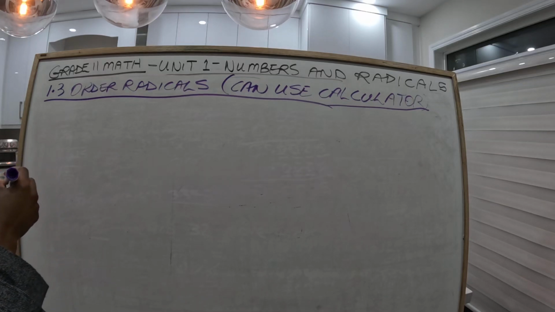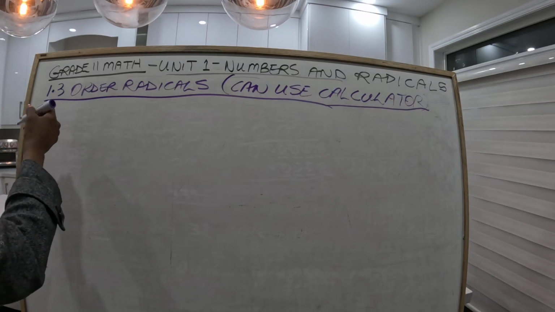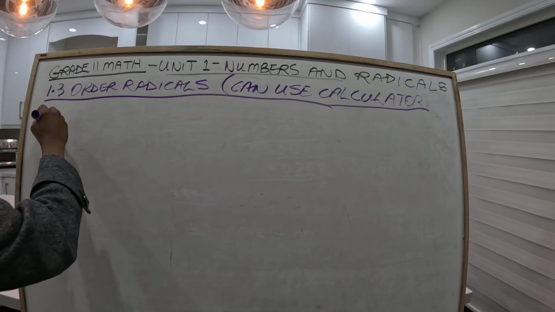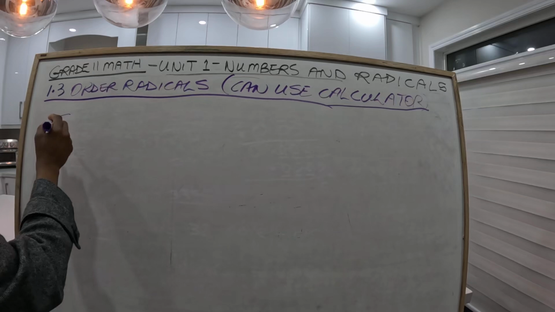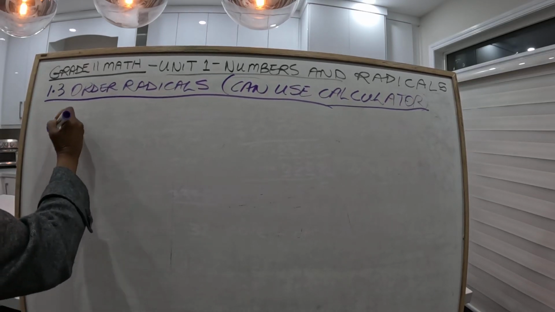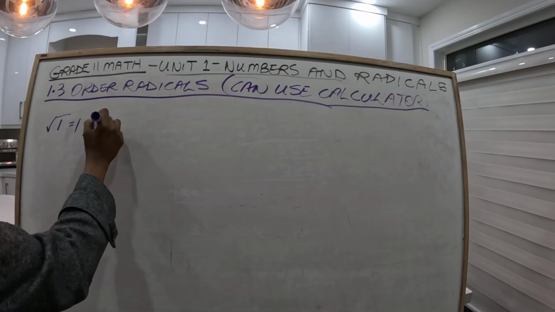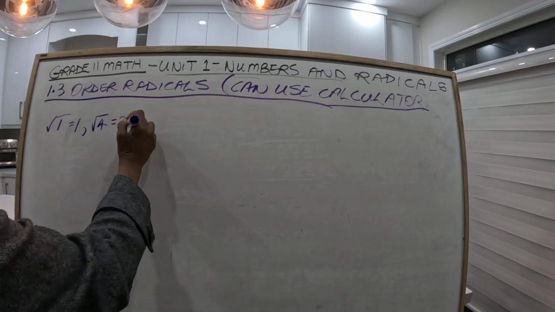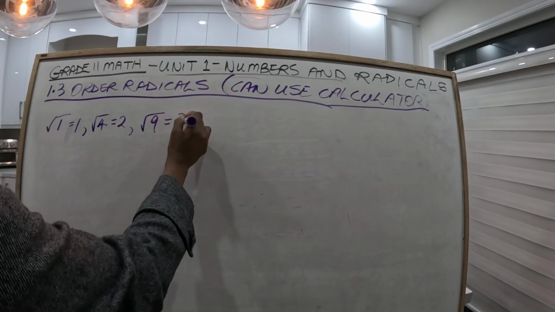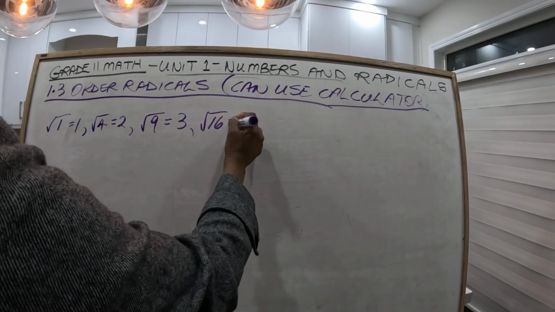So let's put these numbers in order. We're going to figure out how we place these numbers on the number line. So we know the square root of 1 is equal to 1. The square root of 4 is equal to 2. The square root of 9 is equal to 3. The square root of 16 is equal to 4.